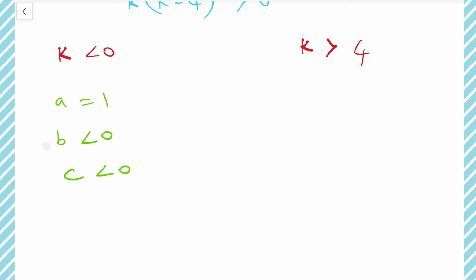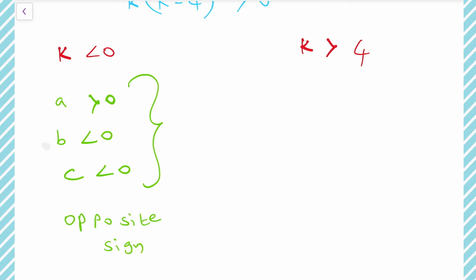Am I correct? So this a value is 1, so I can write it as greater than 0. A is greater than 0, b is less than 0 and c is less than 0. If this is the condition, then both zeros have opposite signs.